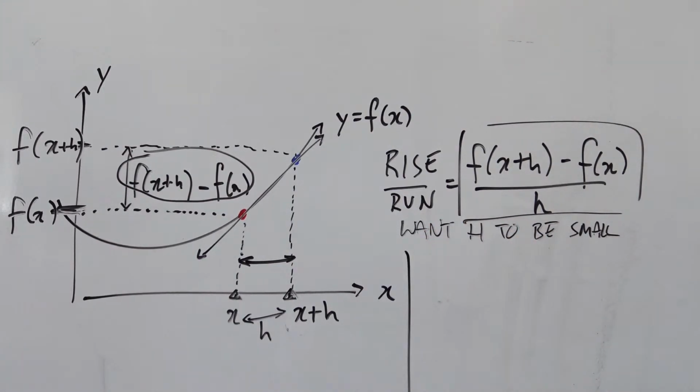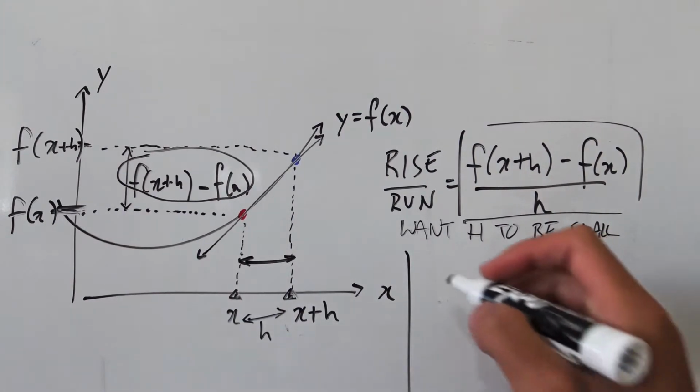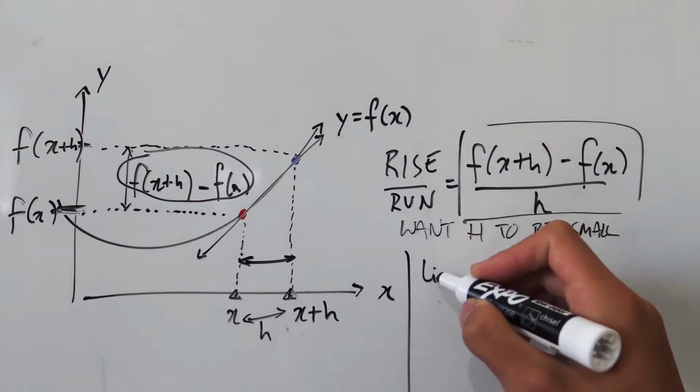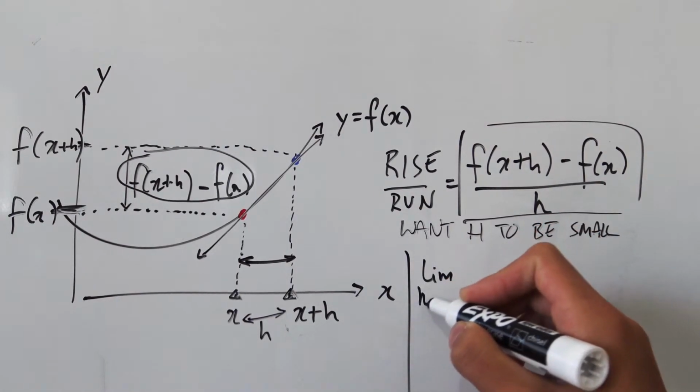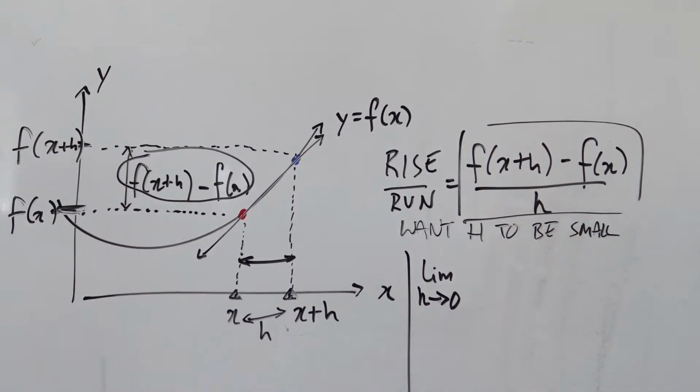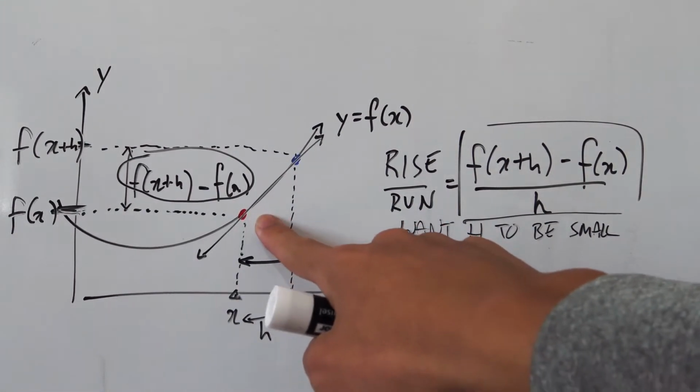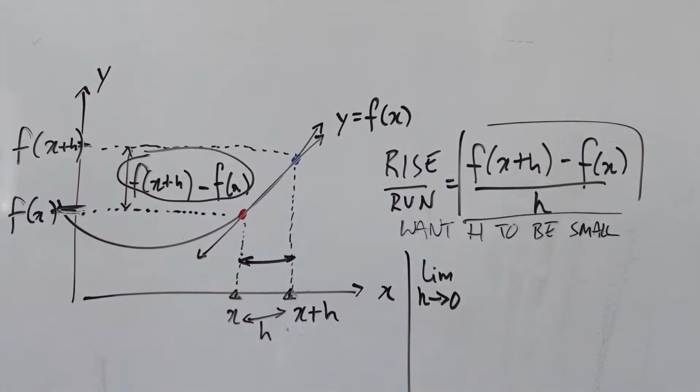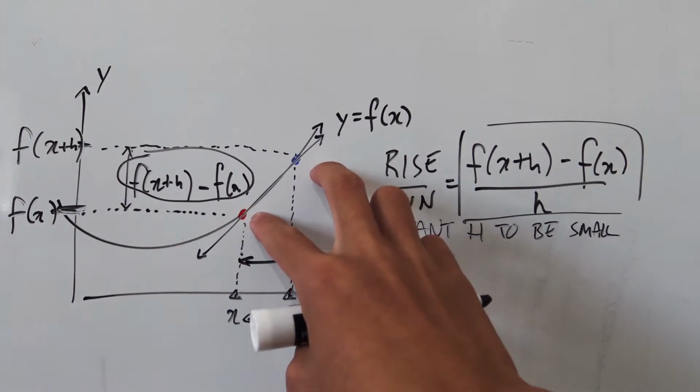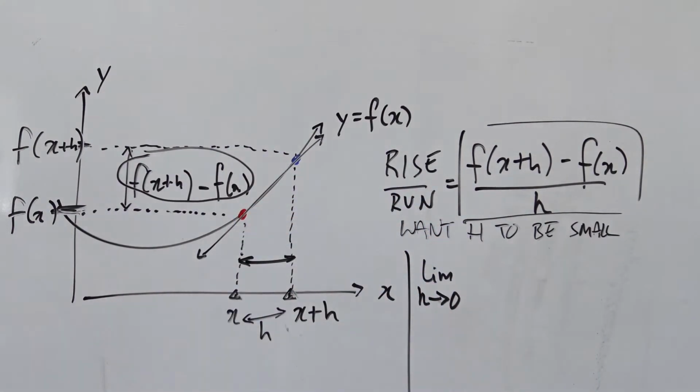So what we say is, what is the limit as h goes to 0. To write that down, all we do is write lim for limit as h approaches 0. Remember, h can't be 0, but to find the gradient of the tangent line, we need h to be as small as possible. All this limit is doing is pulling these 2 points closer and closer together.